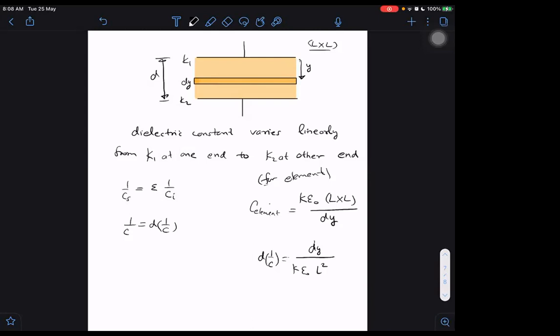I'm writing C element is this, k epsilon naught into L upon dy, and the reciprocal of C element will be d1 by C only.